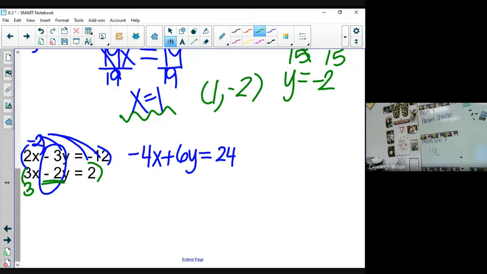So 3 times 3x is 9x. 3 times -2y is -6y. 3 times 2 is 6. And look at the y's there, +6 and -6, which is what I want to happen. So when I add them together, they cancel out.